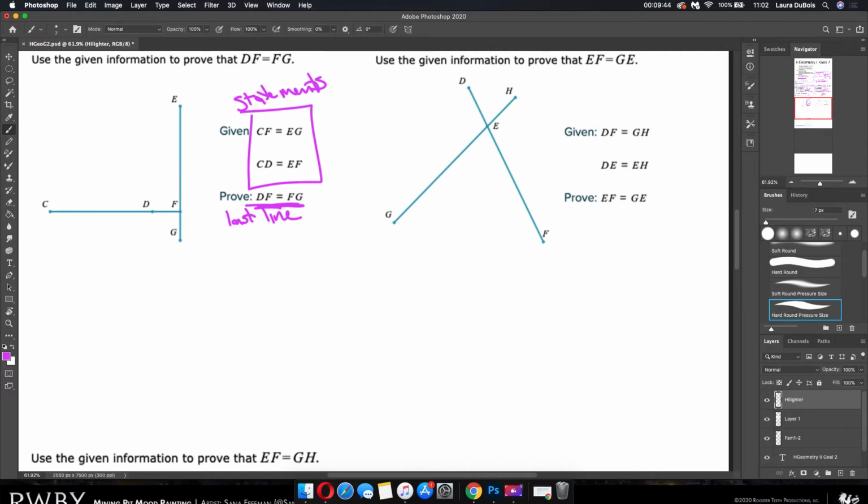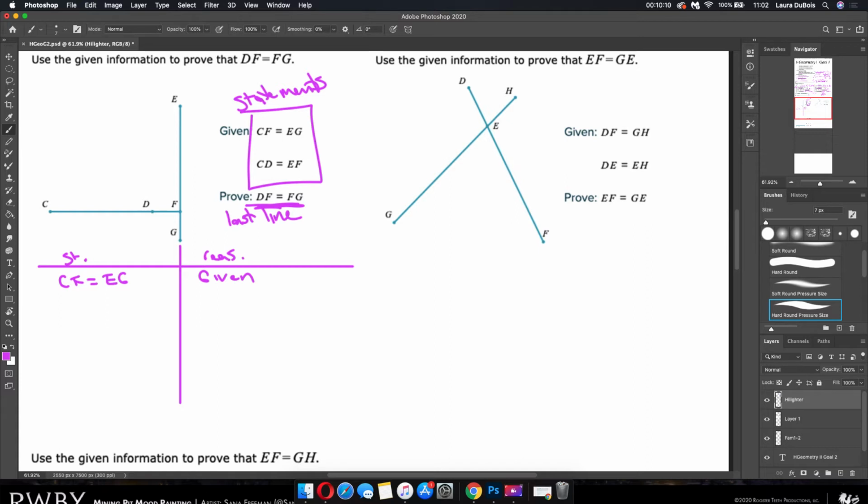My general recommendation when you start these out is you want to do your givens first. So we know that CF equals EG because that was given to us. That's one of the things you can say for a statement because this is your statements and these are your reasons. So if C, and here's another little tip and trick for you. For the sake of everybody's sanity, especially when you get to the proofs later in the course, you want to start to label things.